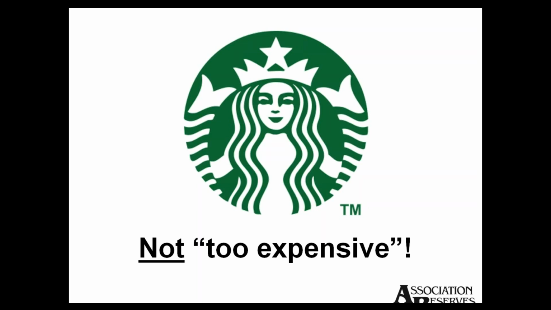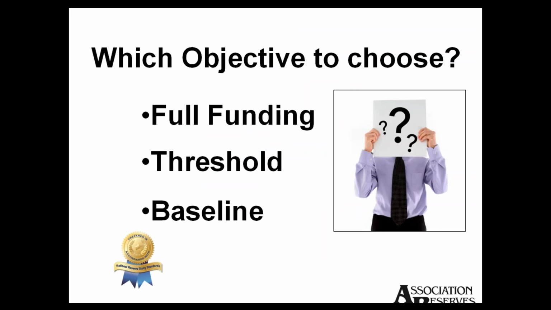A couple thousand divided by 246 owners is $8, a little over $8 per month, divided by 30 days per month. We're talking 27 cents a day. You can't convince me that reserve contributions are too expensive when we're down in the few dollars or cents per day range. And that may be something you need to have a heart-to-heart with your homeowners about.